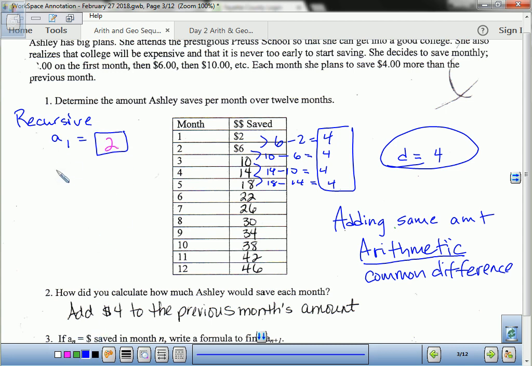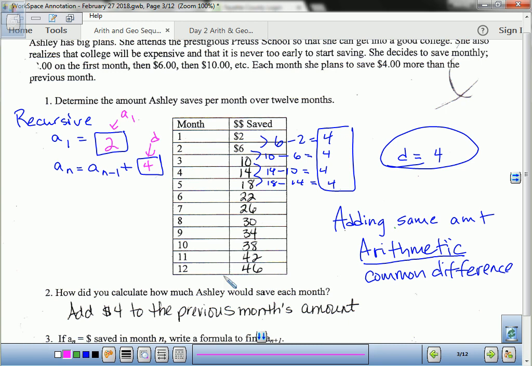And then what you do is you say, to get to any other term, you take the one before it and add the common difference. In this case, the common difference is 4. So in the first block goes the first term. In this block goes the common difference. That is the recursive formula.